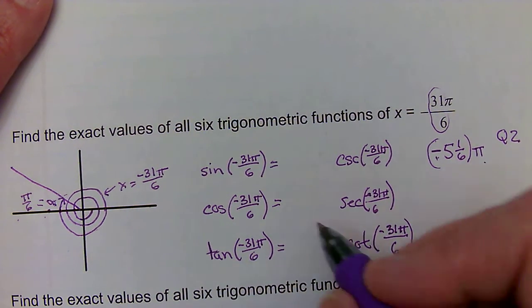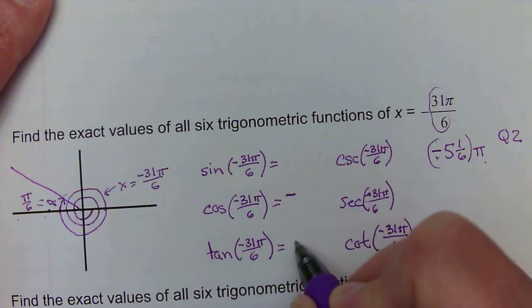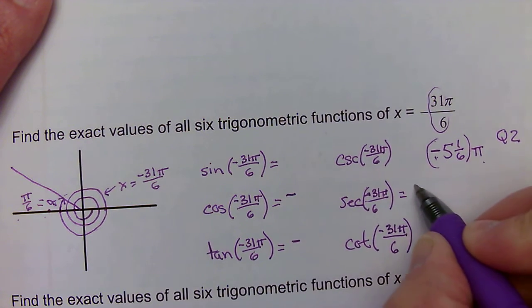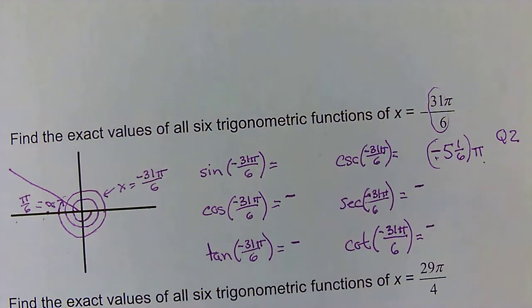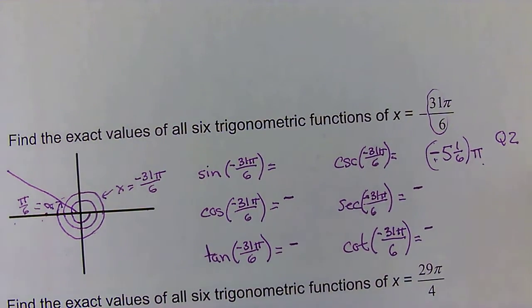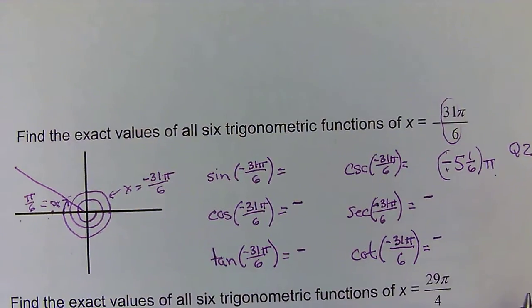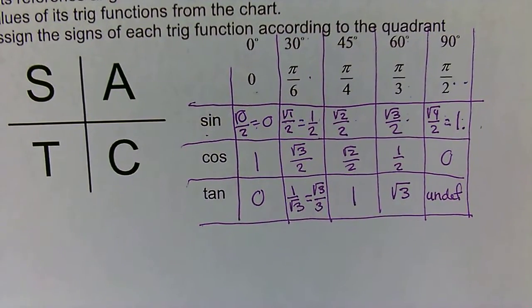So before I even start thinking about a number, I'm going to put negative signs for all the rest besides sine and cosecant. And then, since I figured out that its reference angle was pi over 6, I just look at my chart.